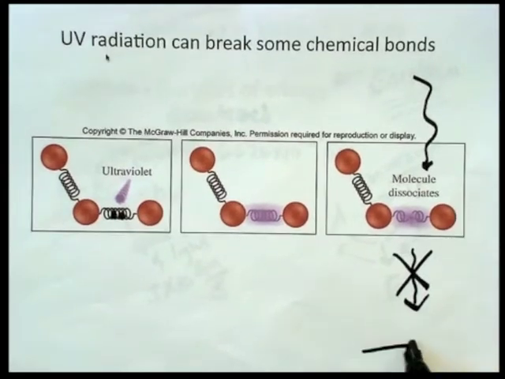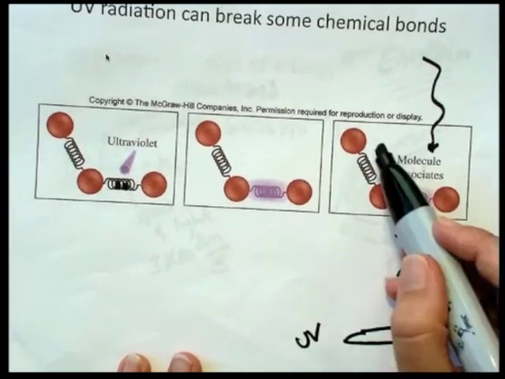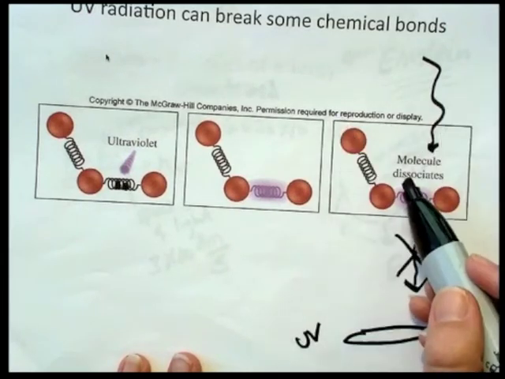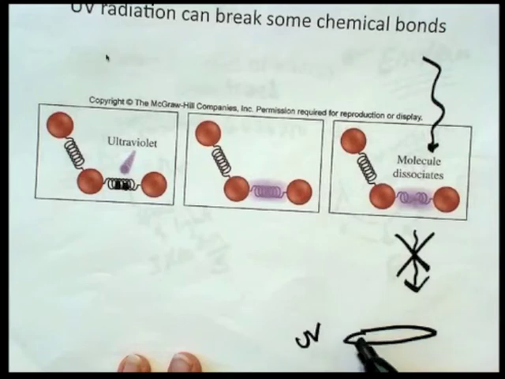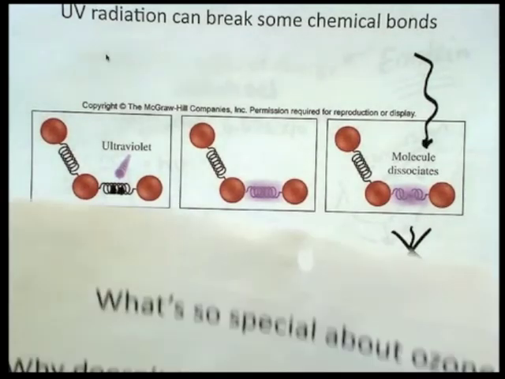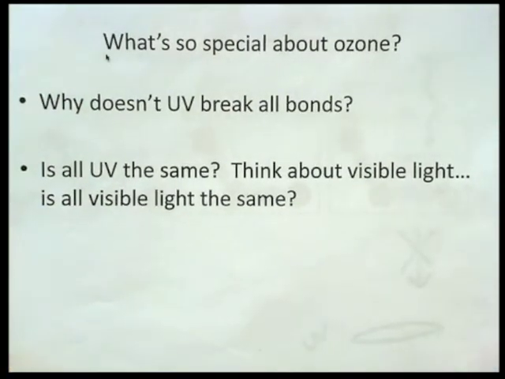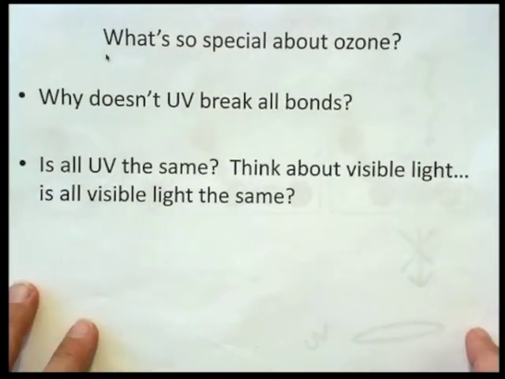So if you have a UV detector down here at the bottom of the Earth, if you have more ozone molecules, they're going to absorb the UV, and less UV is going to make it to the surface of the Earth. So that's what's happening to the ultraviolet radiation in the presence of ozone. So I just sort of answered my question. What's so special about ozone is that it's absorbing that ultraviolet radiation.